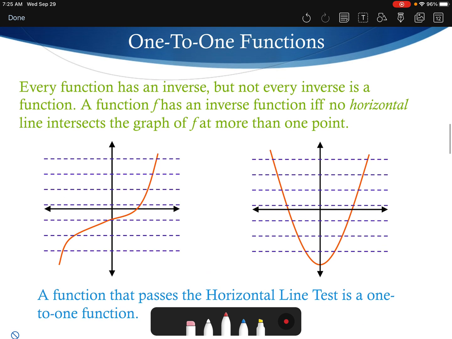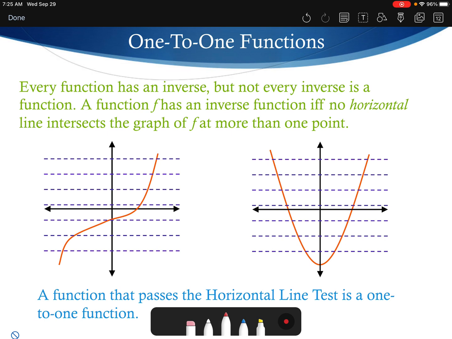It means that it is not one-to-one, because if we test with what's called the horizontal line test, and it passes through more than one point, then it's not one-to-one. So every function has an inverse, but not every inverse is a function.